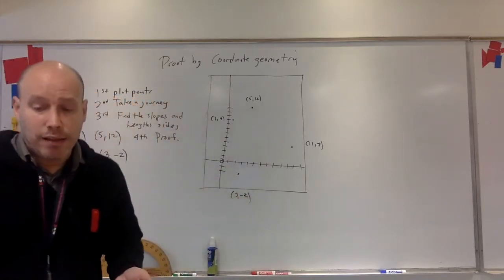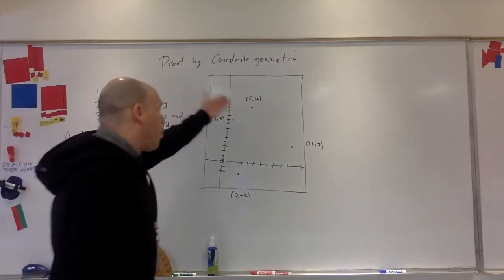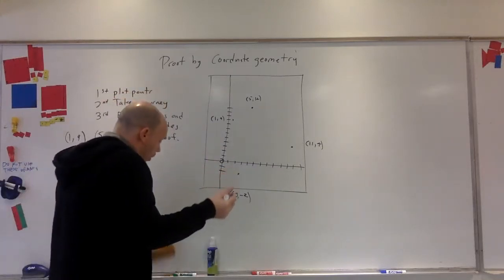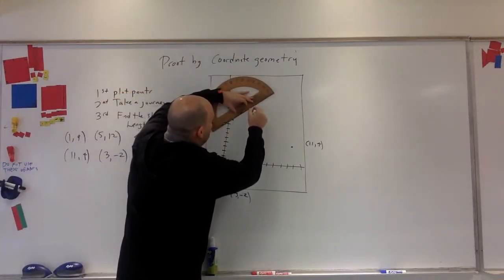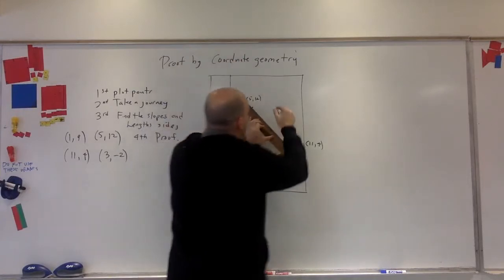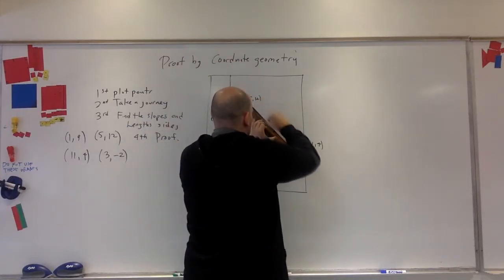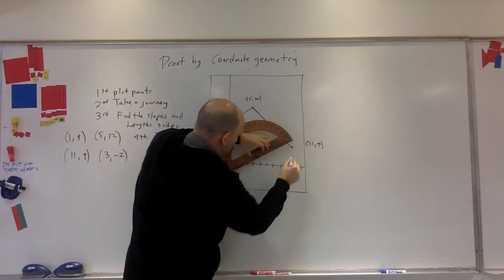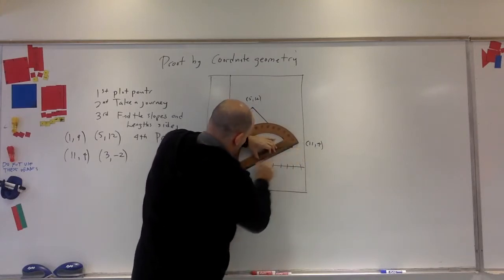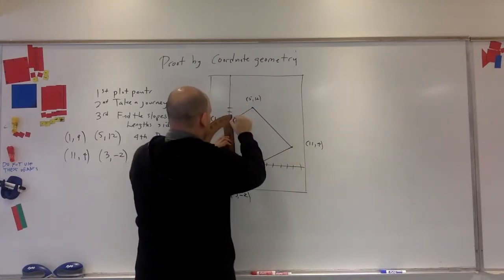Okay, now let's connect the points. We can see the quadrilateral here. I take my ruler and I connect here, here, here, and here.